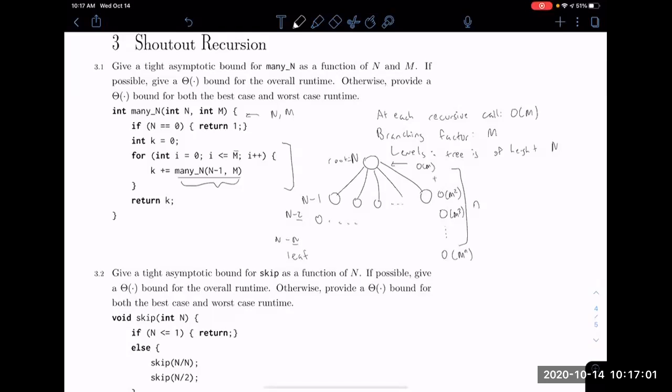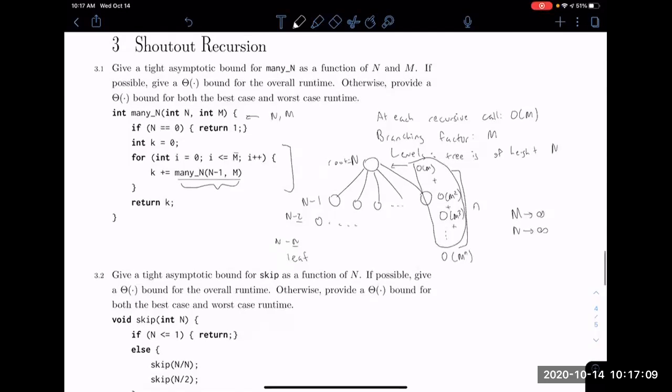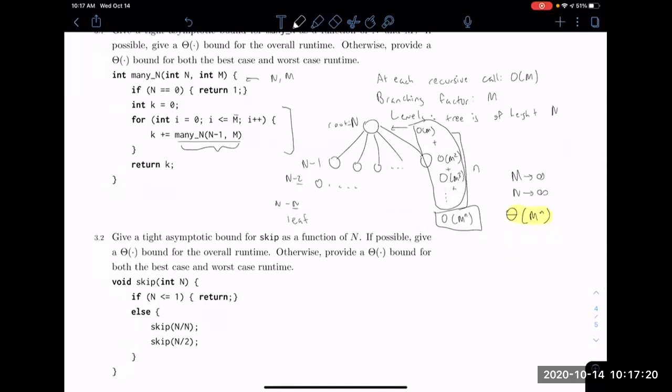So let's just add all of these up. And we know as m approaches infinity and n approaches infinity, all of these small fry are pretty irrelevant when you look at the final one. So your final runtime should be O of m to the n. This works this way because we can see that m is never changed, so our branching factor is constant throughout our entire tree.